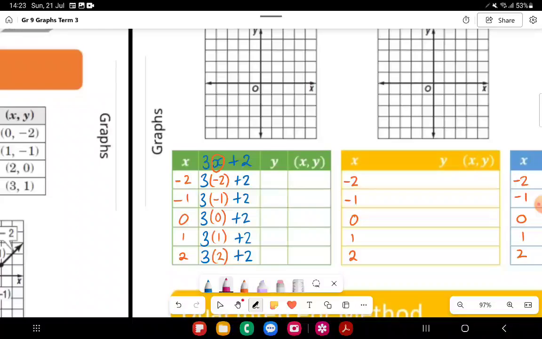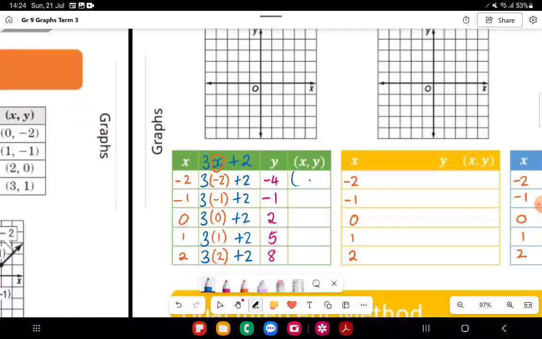Let's solve. 3 times negative 2 is negative 6. Plus 2 is negative 4. 3 times negative 1 is negative 3 plus 2 is negative 1. 0 plus 2 is 2. 3 plus 2 is 5. 6 plus 2 is 8.